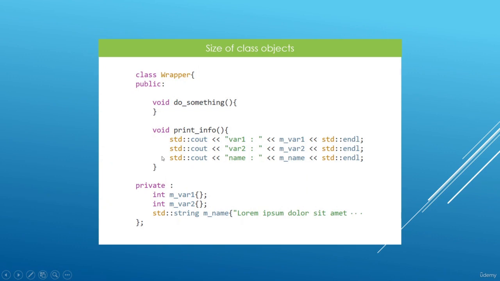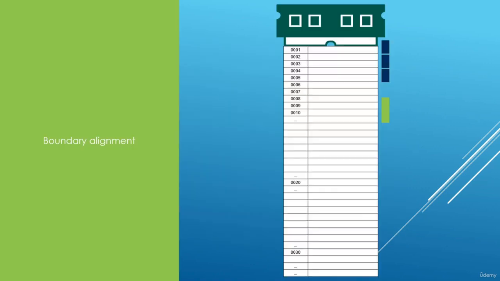Okay, we have said that the size is mostly going to be the sum of the sizes for the member variables, but this is not always correct because of a phenomenon we called boundary alignment. Boundary alignment is a thing most compilers do when they have member variables of different types. And member variables that have the size of 4 bytes in memory are going to be stored at memory locations that are multiples of 4.